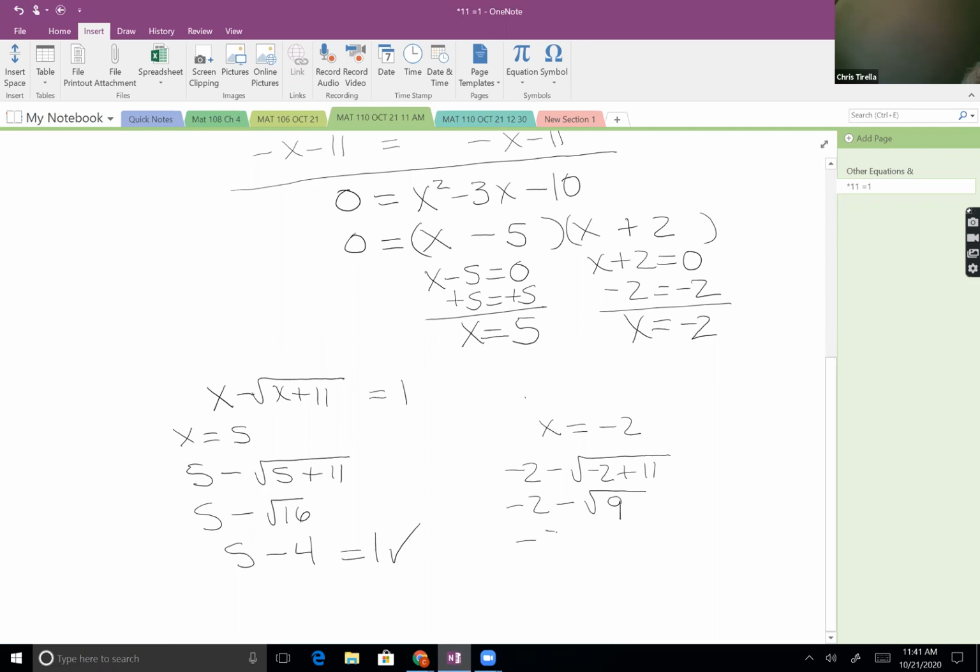Gives me negative 2 minus 3, which is negative 5. And does negative 5 equal 1? No, I don't think so. So this one we're going to have to reject. And so our answer is x equals 5.